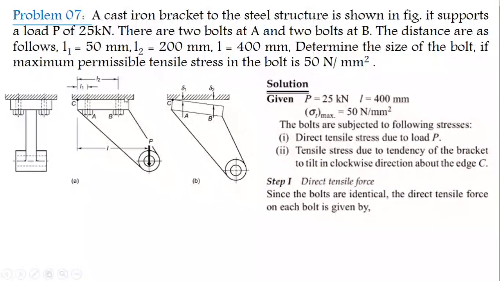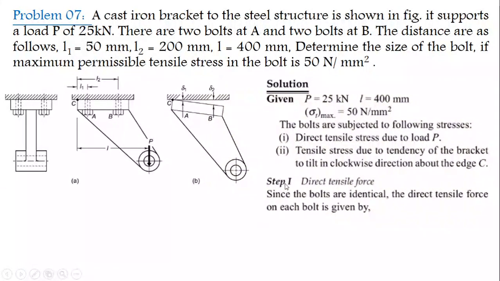So we have to find the direct tensile stress, and then the tensile stress due to the tendency of the bracket to tilt in clockwise direction about C.